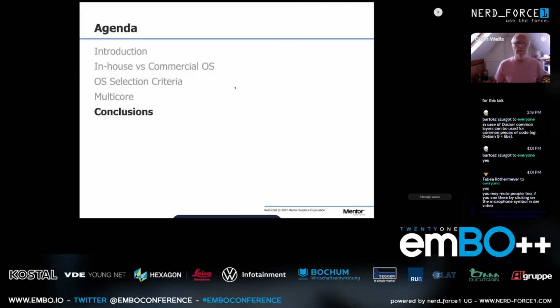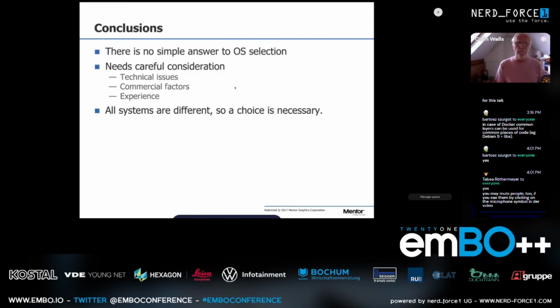We'll look at a few conclusions. There is no simple answer to OS selection. People wanted a flowchart. I can't give you one. You need to take some careful consideration of the technical issues, the commercial factors, and your own experience and that of your team.